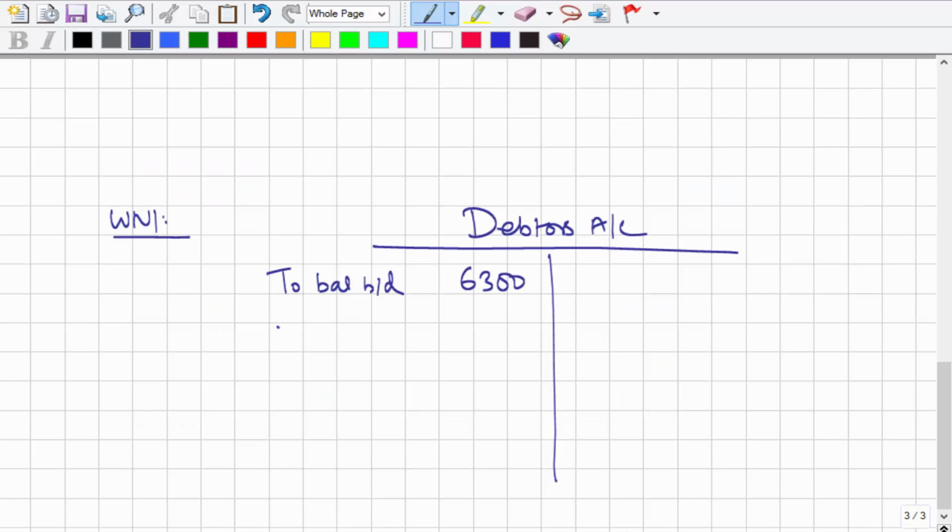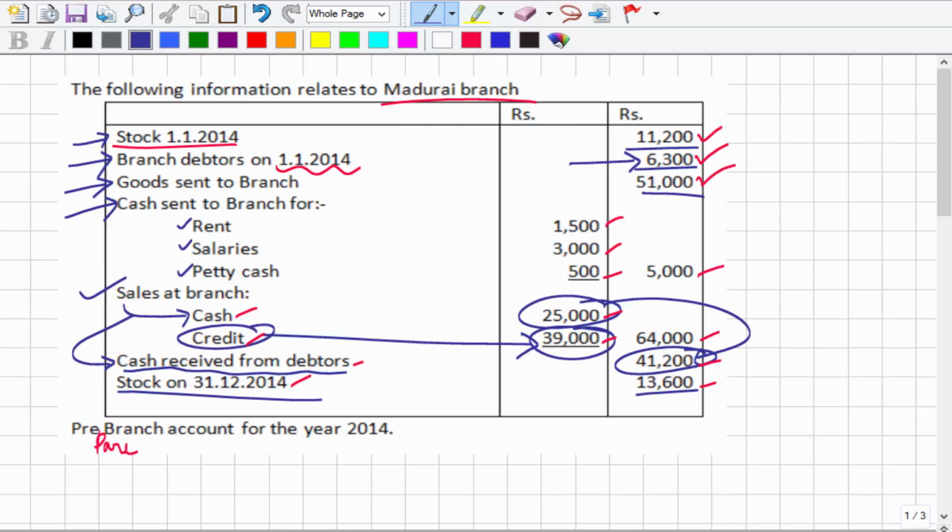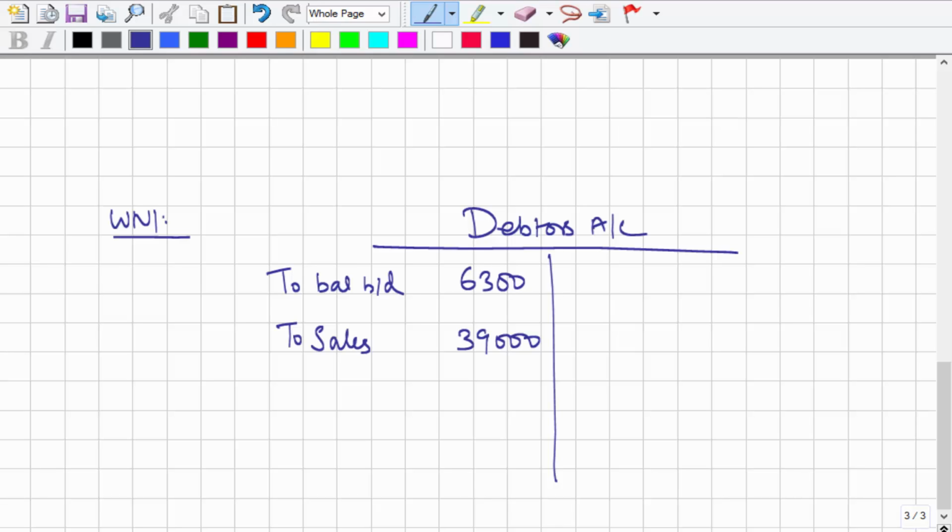So to sales 39,000. Whether debtors balance have come down for any reason? Answer is yes, debtors balance have come down because there is cash realization from debtors to the extent of 41,200. So here we'll say by cash that is realized from debtors, which is 41,200.